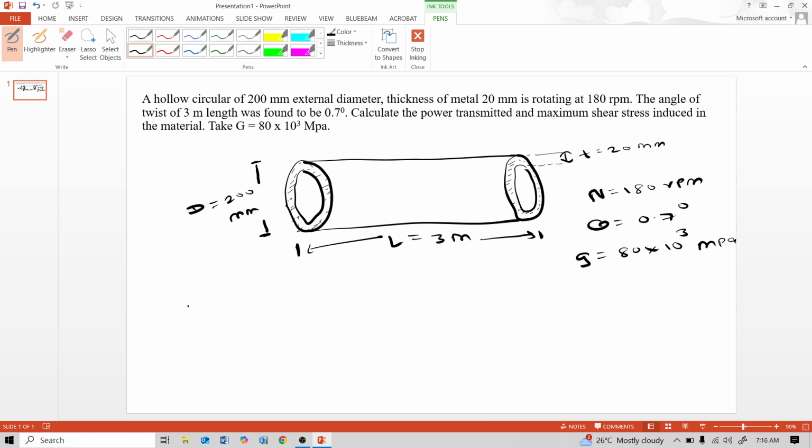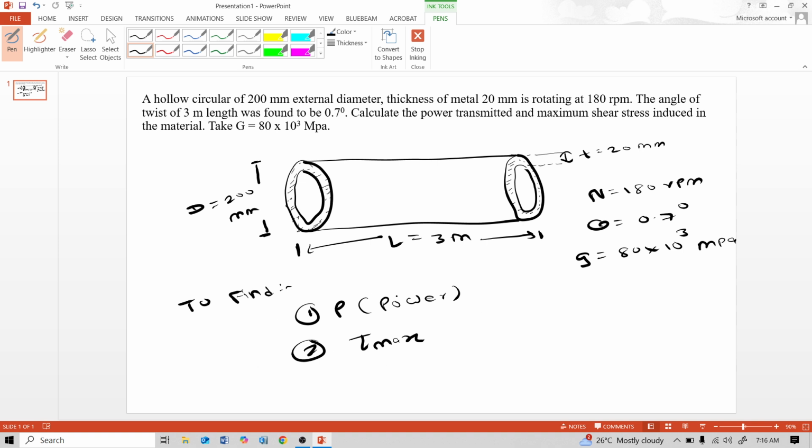We have to find the power transmitted, that means this P, and second, the maximum shear stress induced in the material, tau max. So this is the data and this is the problem statement.